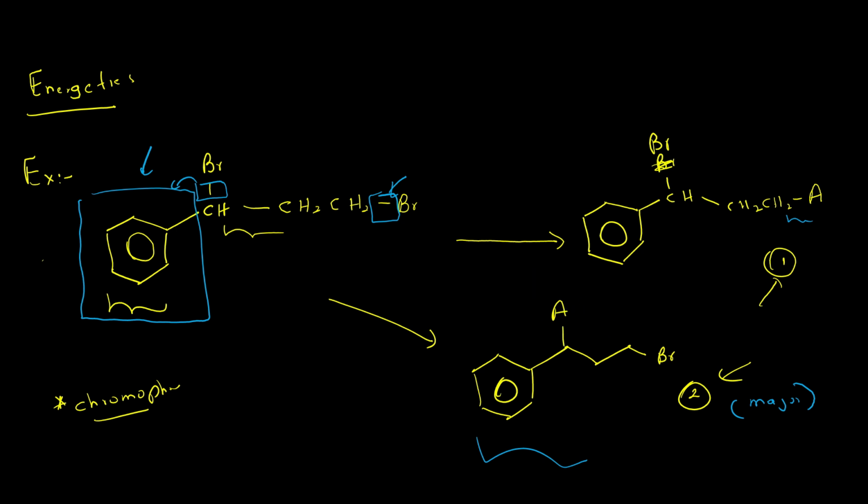That's how we determine the mechanism, that's how we determine the product formation. Okay, so a bond which is closer to the chromophore is much more feasible, much easier to break. That's the thing you need to remember.